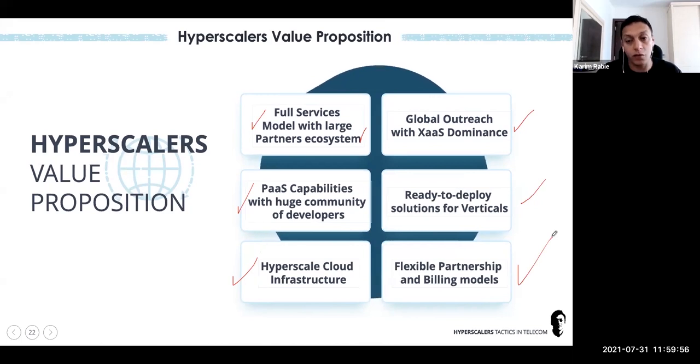They can even switch from a capex model to an opex model, like pay as you go. That's the kind of flexibility that operators need from their telco vendors, but they usually find it with the hyperscaler. That's how you partner with AWS, with Google. So these are aspects of the value proposition. There are other value propositions, but these are the main six.